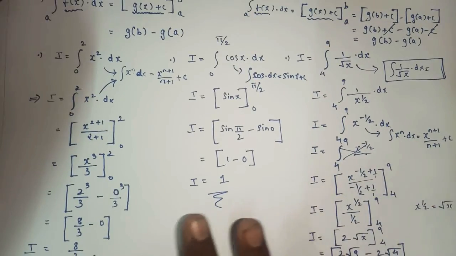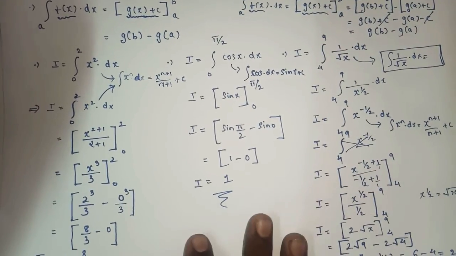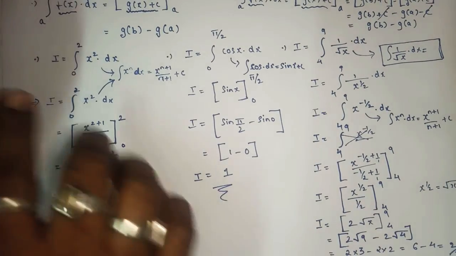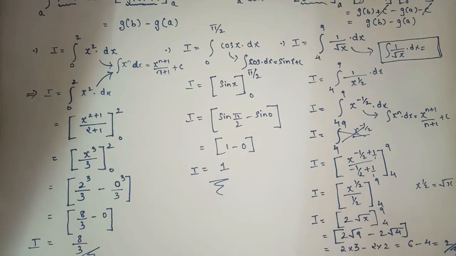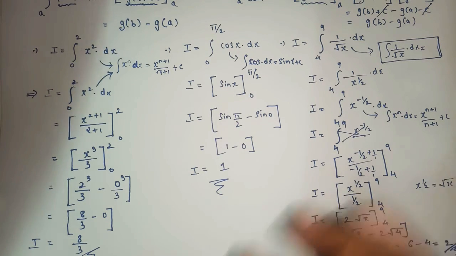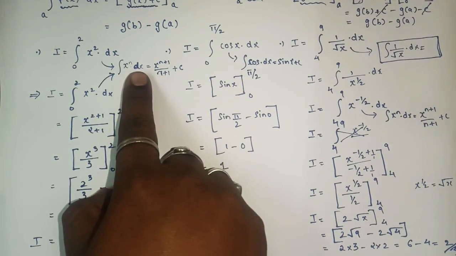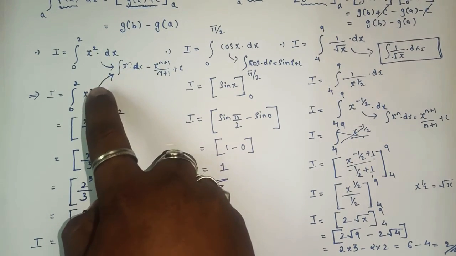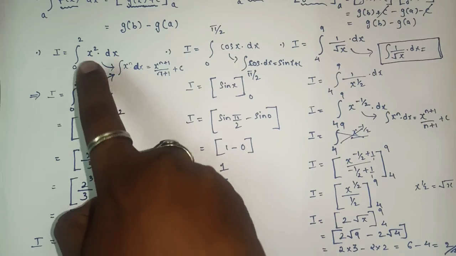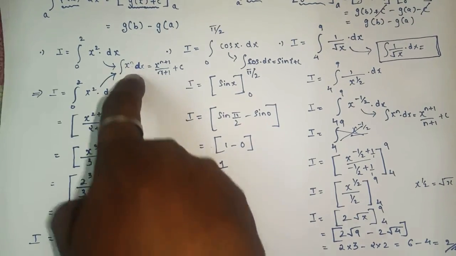As I told, 70 to 80% of the sums are based on integration. Just simply you have to integrate with respect to x by guessing a suitable type or suitable formulas. As here we saw the first example, it was in the form of x raised to n. I had guessed the first sum properly as it looked like x raised to n.